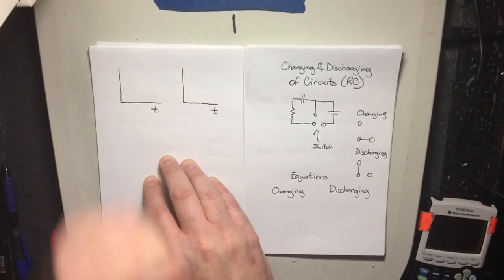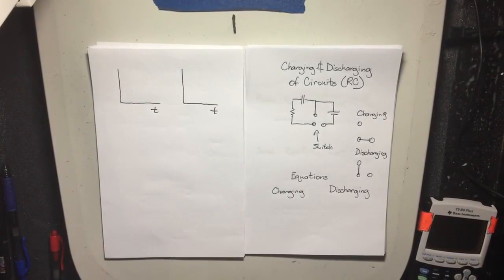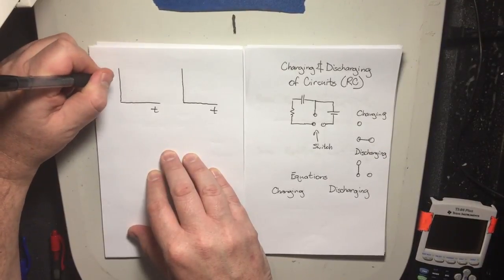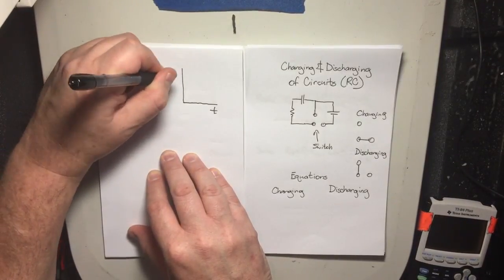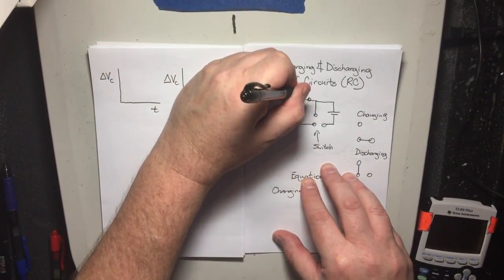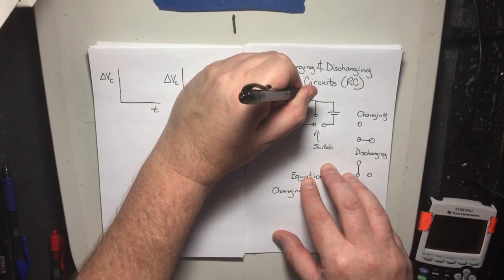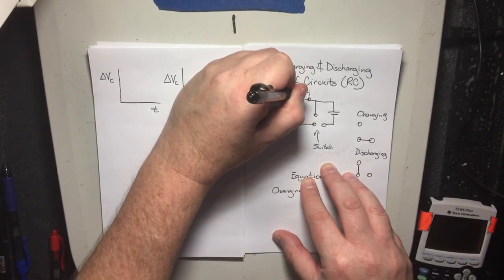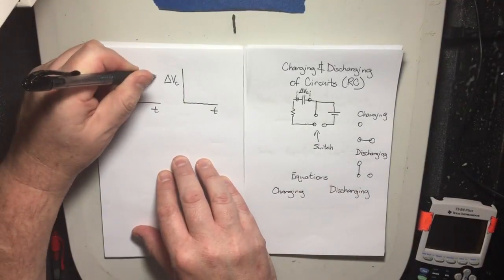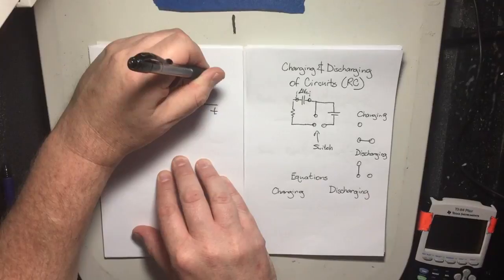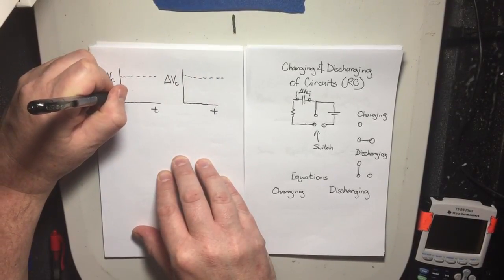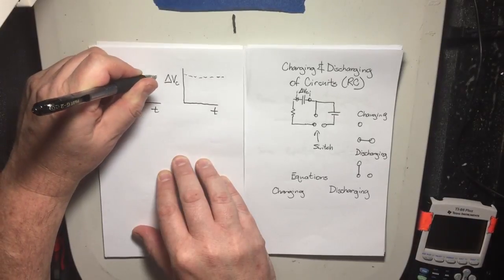on the horizontal axis, we have time. On the vertical axis, we have delta V across the capacitor. So we're looking at this. In one of the cases, our circuit looks like this.